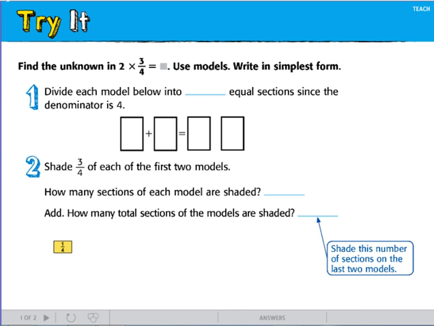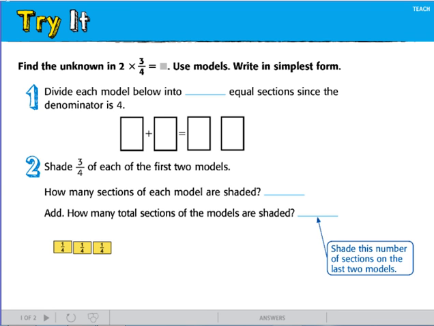Okay. So now we're going to do our next one. We're going to find the unknown. And 2 times 3/4. We're going to use models and write it in simplest form. So on your desk right now with your fraction tiles, I want you to show me 2 times 3/4. Okay, on your guys' desk right now, this is what I'm seeing. I see 3/4, like that.